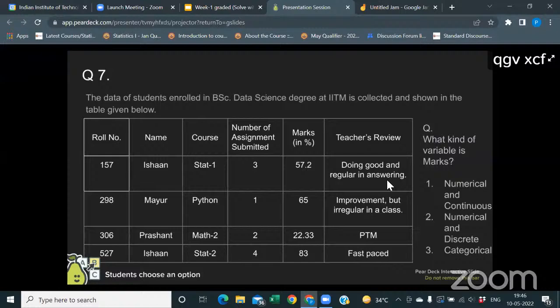Sir, how is it measured in continuous data? You said it can be measured on a numerical scale, so we can count it if it is measured on a numerical scale. But you told us we cannot count continuous data. I did not listen clearly. Can you repeat? You said that continuous data can be represented on a numerical scale, it can vary on a numerical scale, and you said that continuous data cannot be counted.